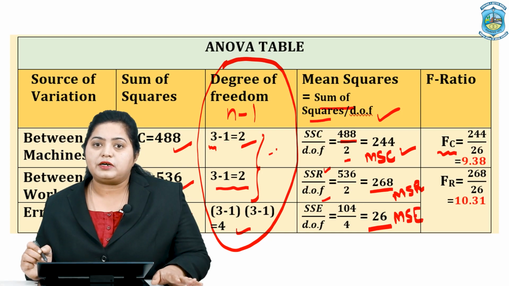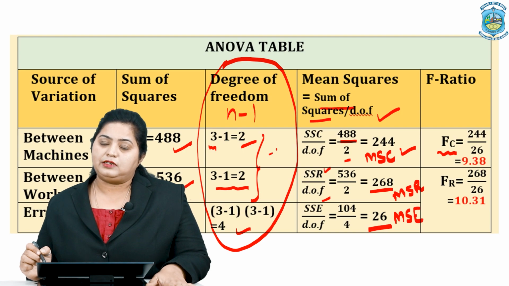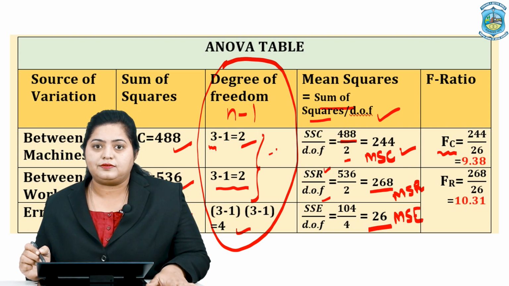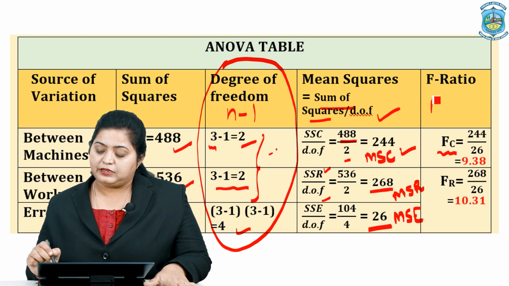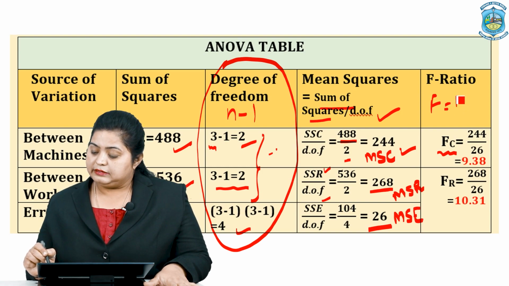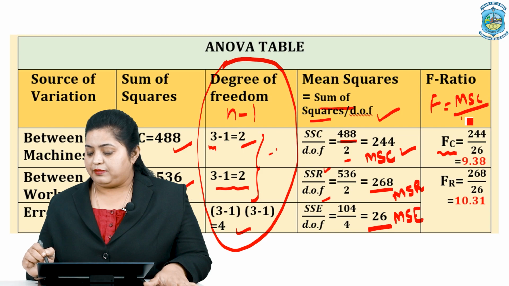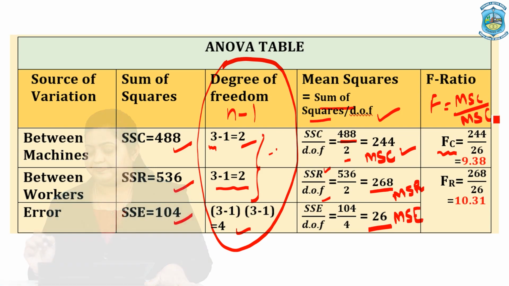Now the last part of the table, that is the F value. This is our calculated value of analysis of variance, and the formula for F is MSC divided by MSE. Now the first F ratio, that is for the machines, FC. We have MSC, that is 244, and MSE is 26.